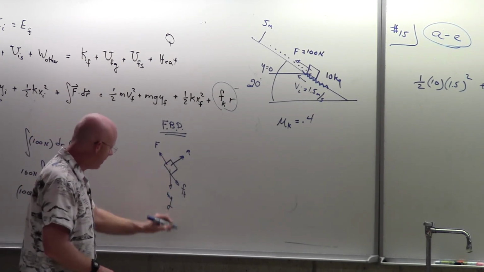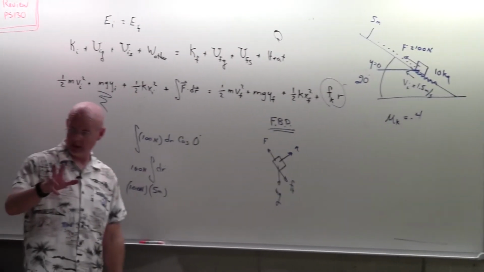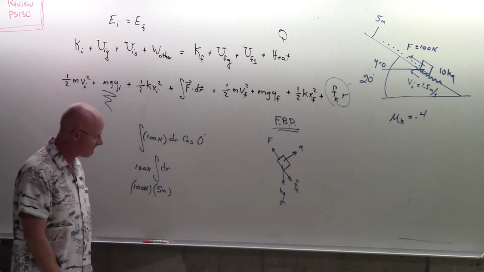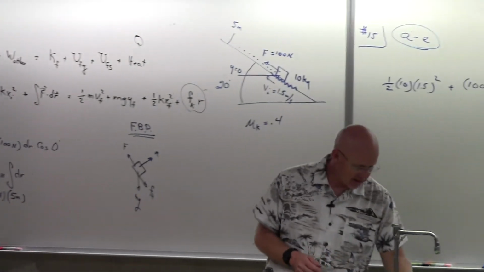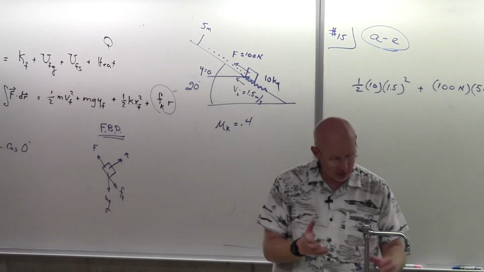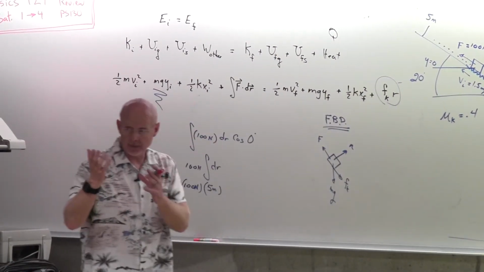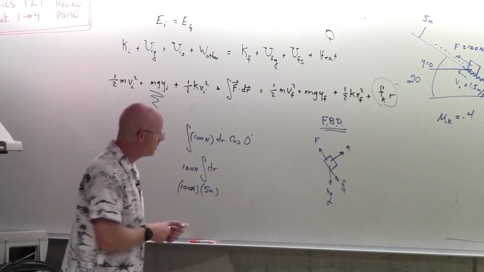And gravity still going straight down. Doesn't matter the fact that it is tilted on an incline, gravity is still straight down. And so in order to get the amount of friction, we need to know the normal force. And here is a good example of what you were asking about. This normal force will not be equal to the weight.